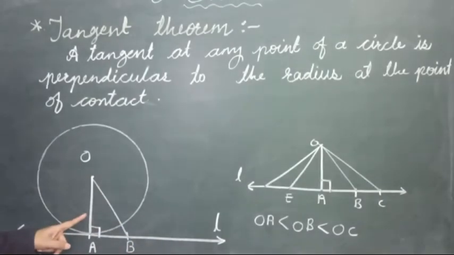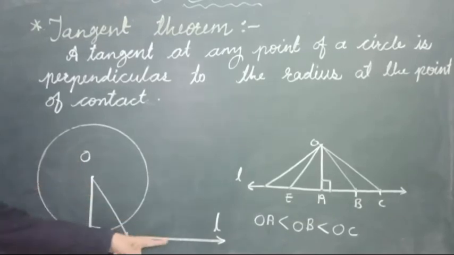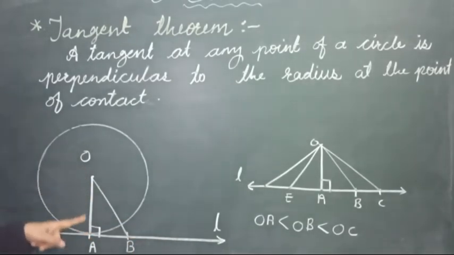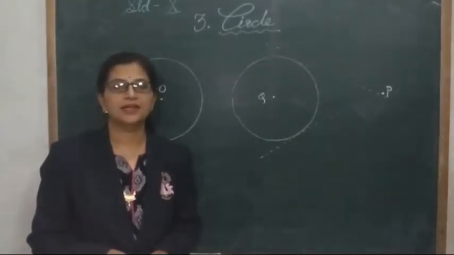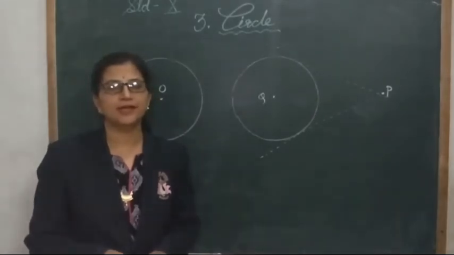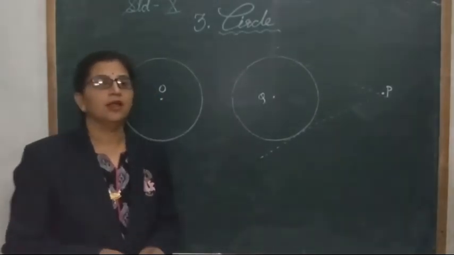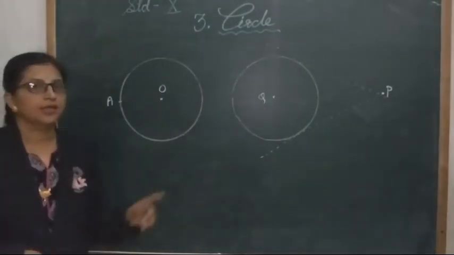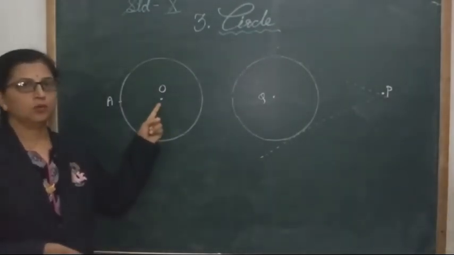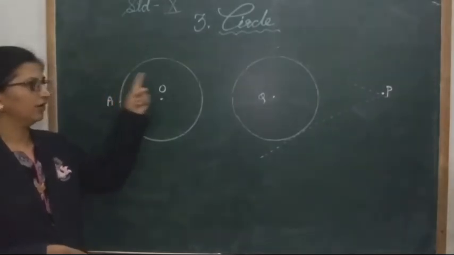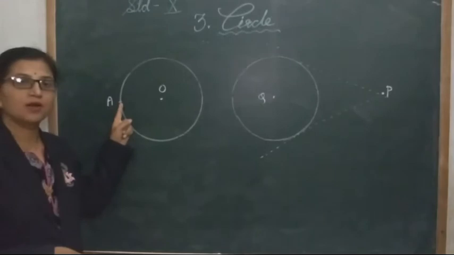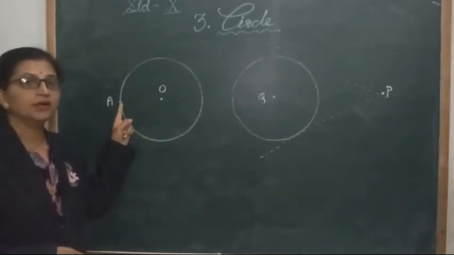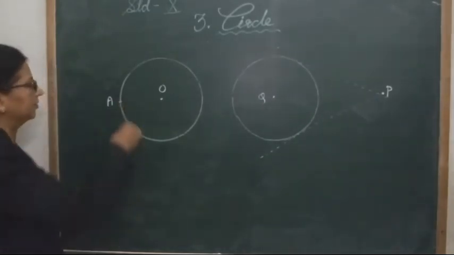In this way we can prove that this line L is perpendicular to the radius at the point of contact. Friends, we have proved that the tangent is perpendicular to the radius at the point of contact. Now let's see some more. Here there is a circle with a center O, with the point A on its circumference. Through the point A we can draw one and only one tangent to this circle.